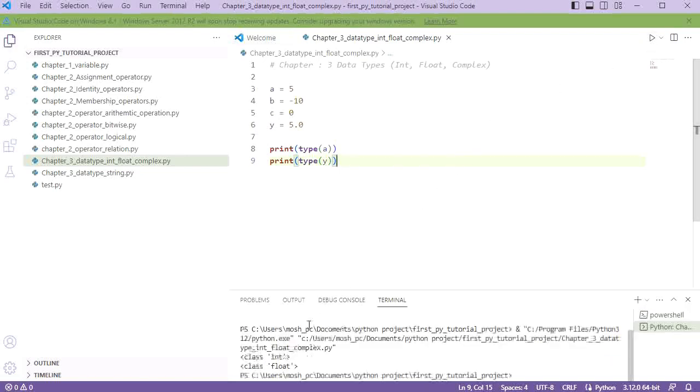Let's execute it. As you can see, our first output is int and the second output is float. It means if it includes a fractional part, then it becomes a float.